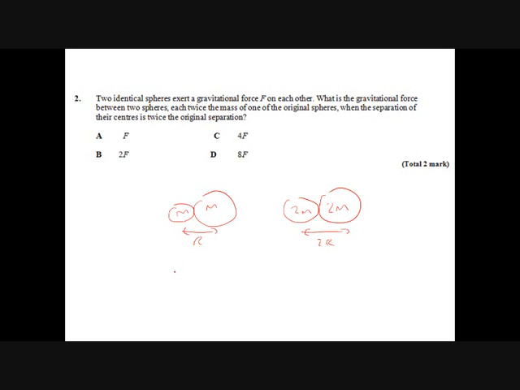On this one the force is GMm over r squared. On this one it's G times 2m times 2m over 2r all squared. The 2's all cancel out because this one's squared, so it gets you back to GMm over r squared. So it is in fact the same force.